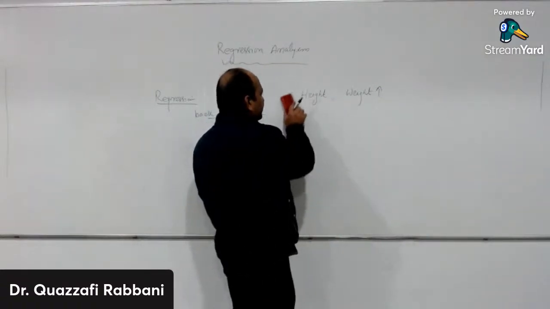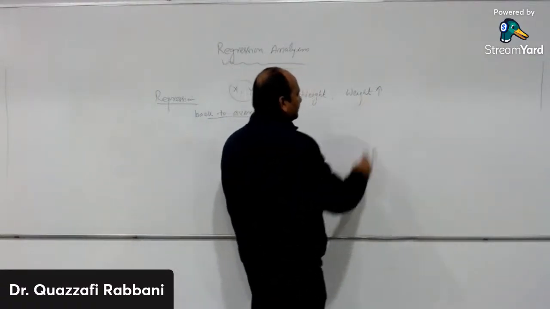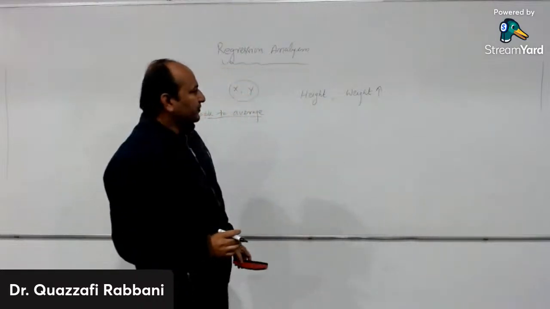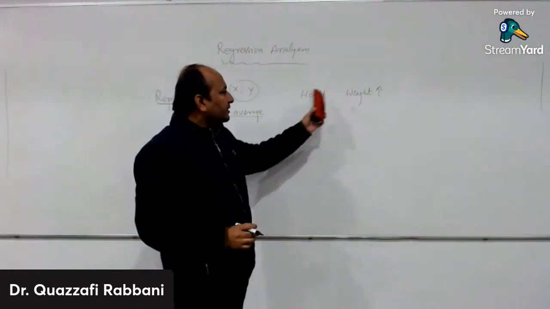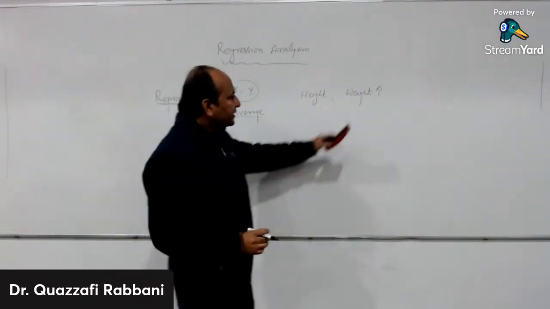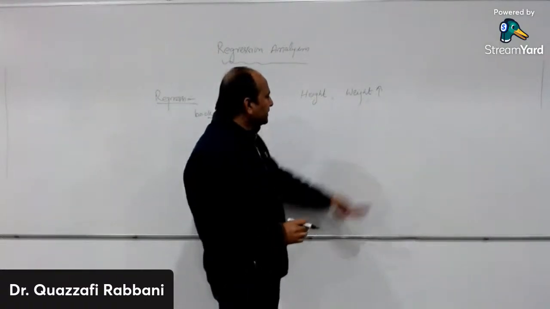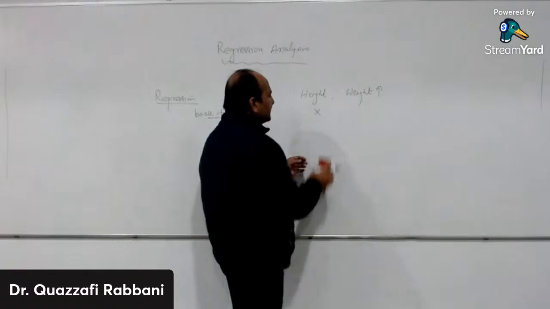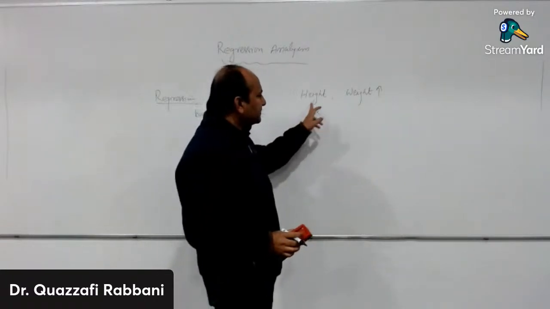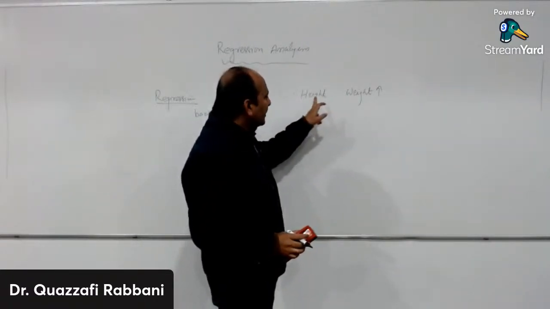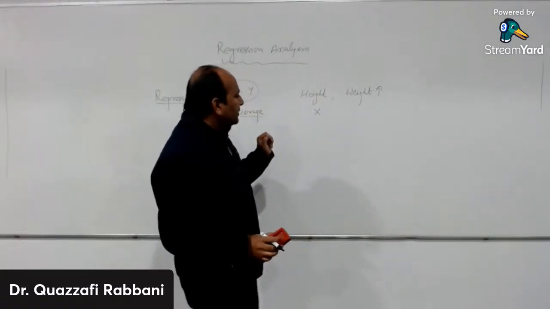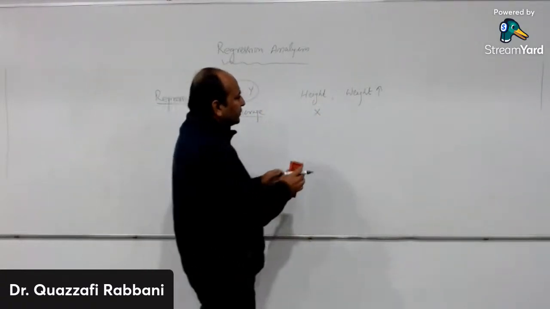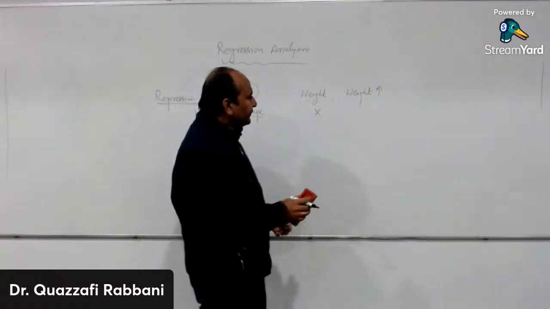If weight of someone is increasing, what is the effect on height? There is no effect on height. So we say that in this case, weight depends on height, but height doesn't depend on weight.